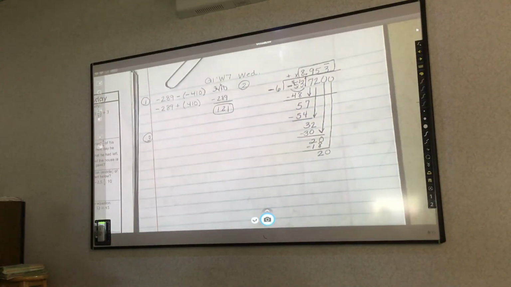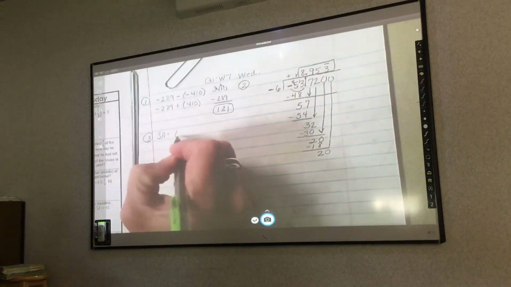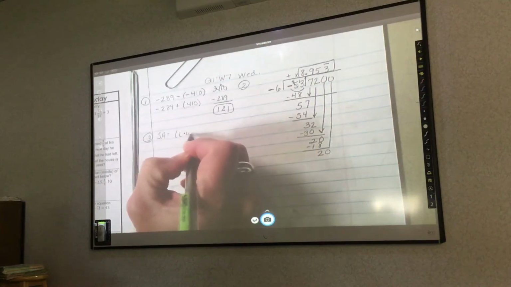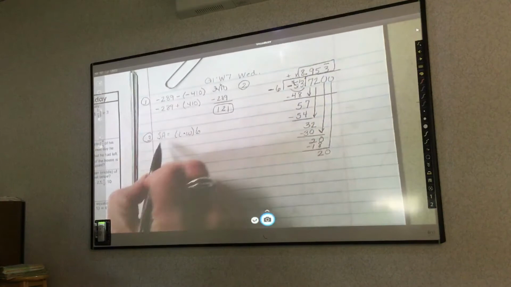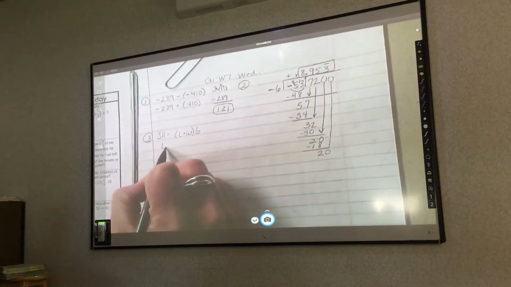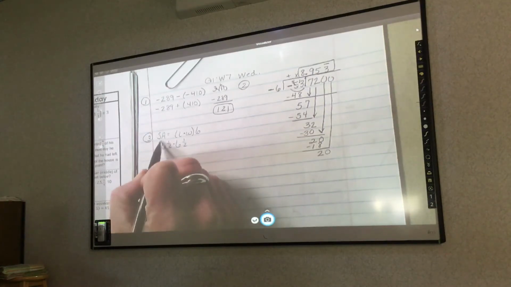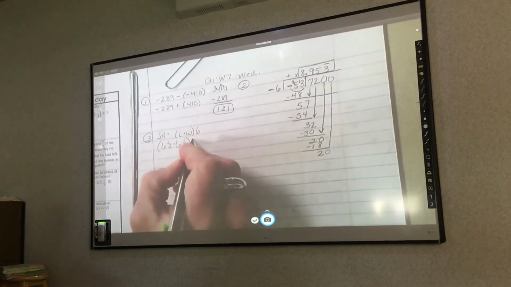So we can write a formula for this. SA, which stands for surface area, equals the length times the width times 6. The length and the width is 6.5, because that's what they tell us. So I take 6.5 times 6.5 times 6.